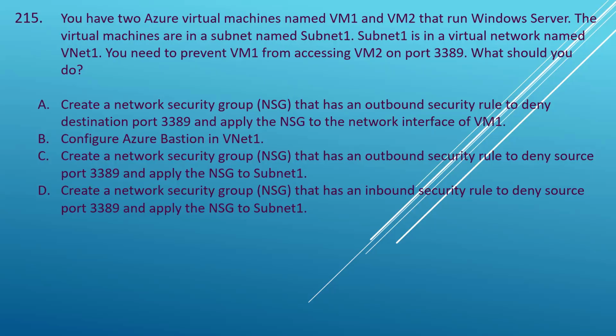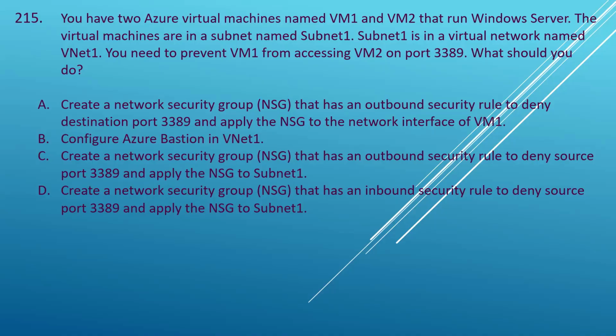Second option is configure Azure Bastion in VNet 1. Third option is create a network security group that has an outbound security rule to deny source port 3389 and apply the NSG to subnet 1. Fourth option is create a network security group that has an inbound security rule to deny source port 3389 and apply the NSG to subnet 1.